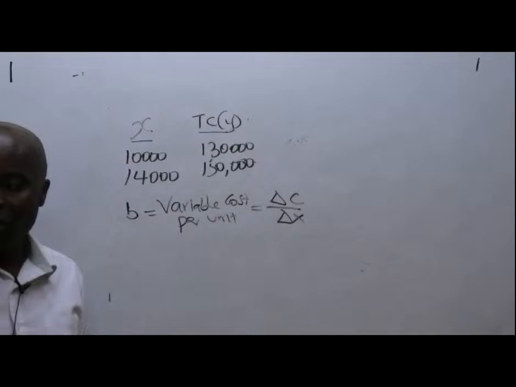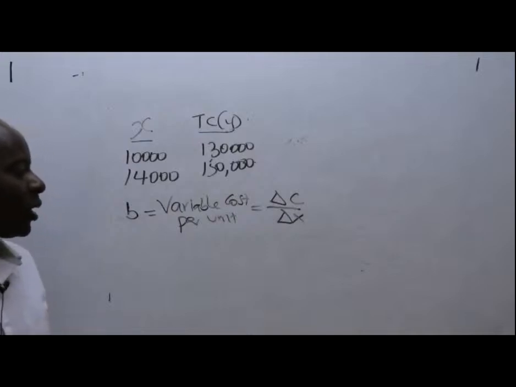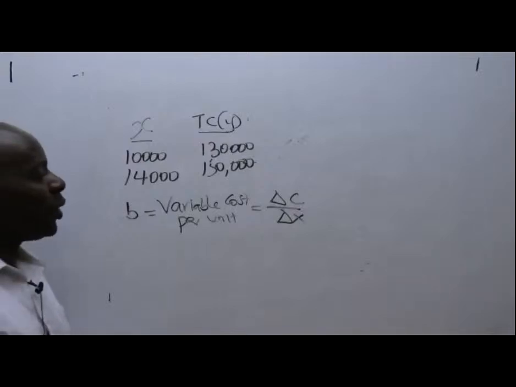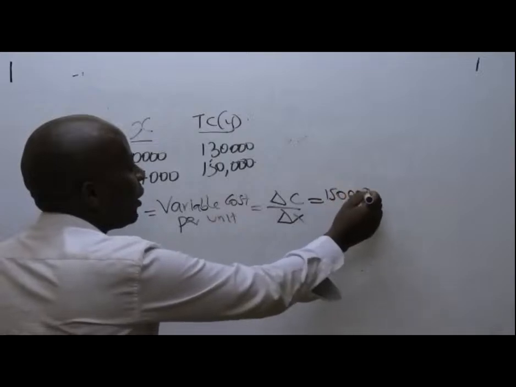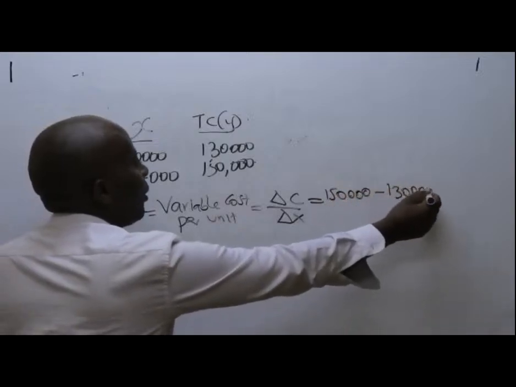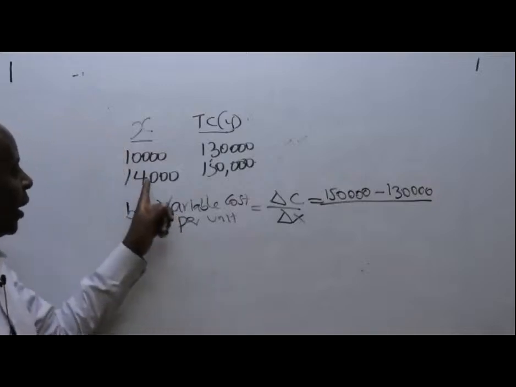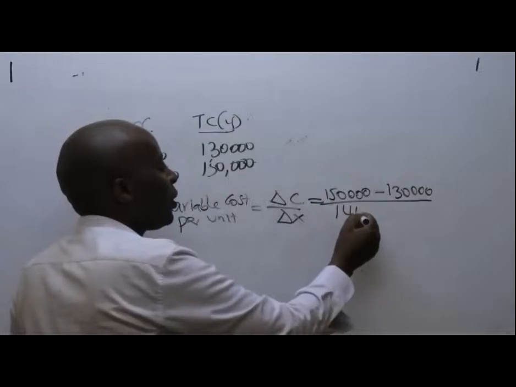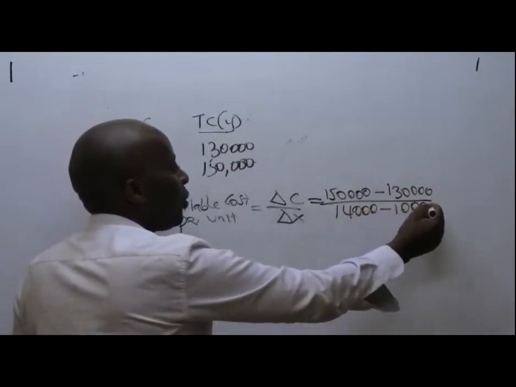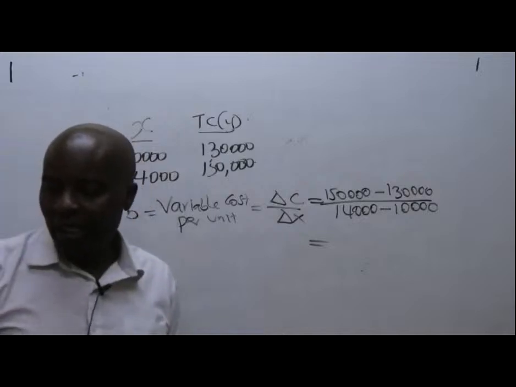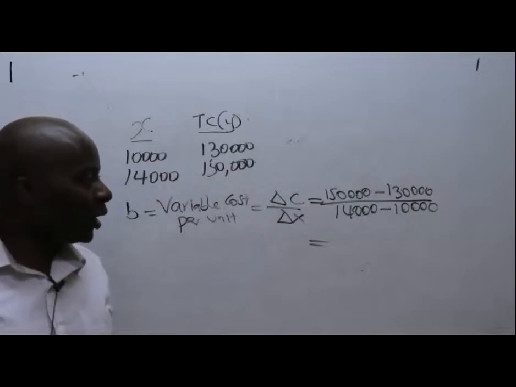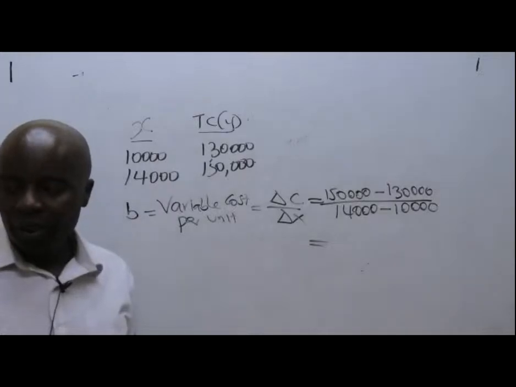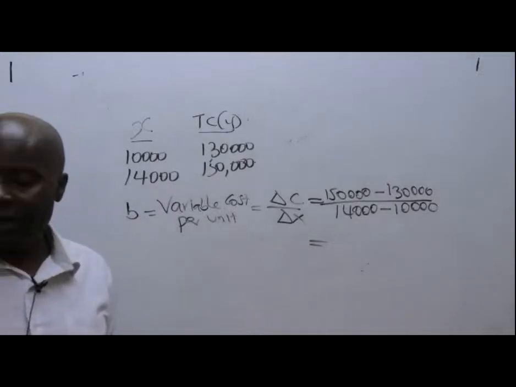So for the change in cost, we subtract: 150,000 minus 130,000, all over the change in quantity, which is 14,000 minus 10,000. 150,000 minus 130,000 is 20,000. 20,000 divided by 4,000 will give me a variable cost of what here, somebody?